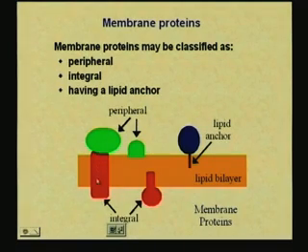The ones marked in red are integral proteins that are embedded in the bilayer. Okay? The lipid anchor ones have a lipid chain attached to them, which interacts with the hydrocarbon chains of the lipid fatty acids. Okay? So, these are the three types of membrane proteins that you can have, and we will see the properties of the membrane proteins.